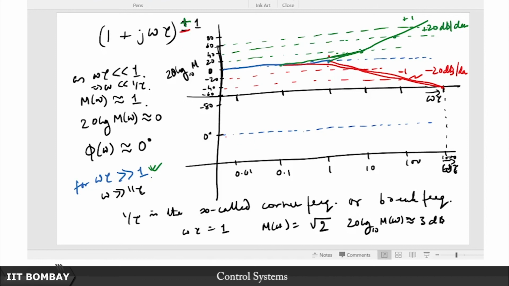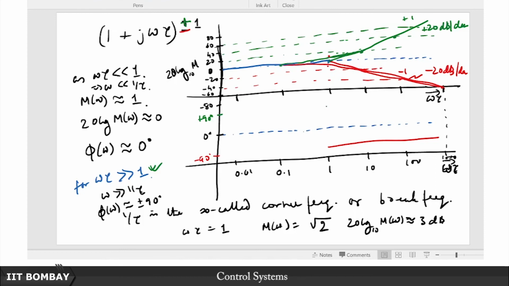Now unfortunately in this case, you see here this is 0 degree, and phi of omega is going to be plus minus 90 degrees. So basically your high frequency asymptote is going to be at -90 like this, and here you have a +90 degrees.